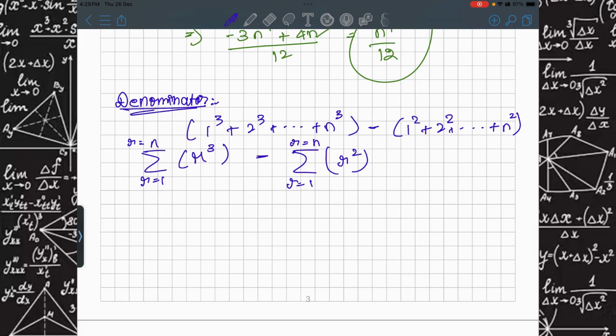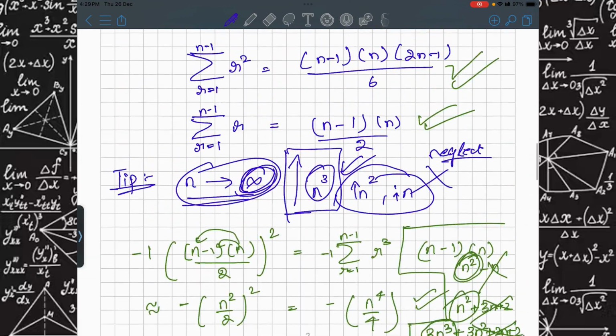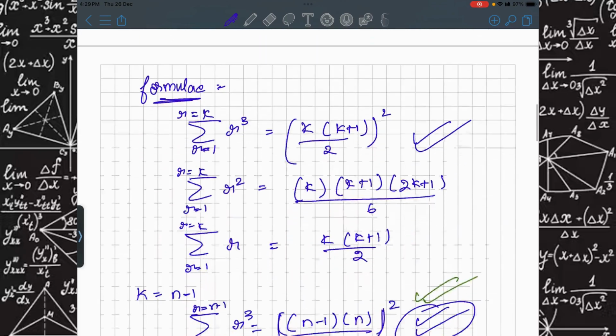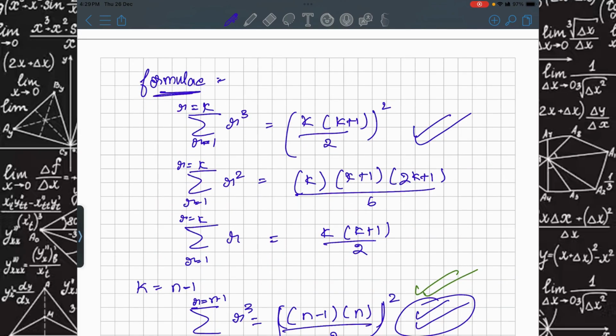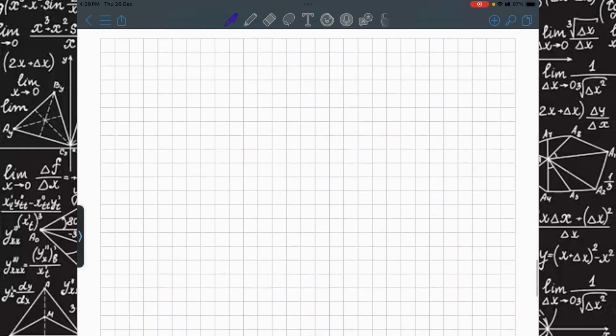Here again we already wrote these formulas, right? See, r equals to k. Now here r equals to n is coming, so just instead of k we will be using n, right? So use this formula.